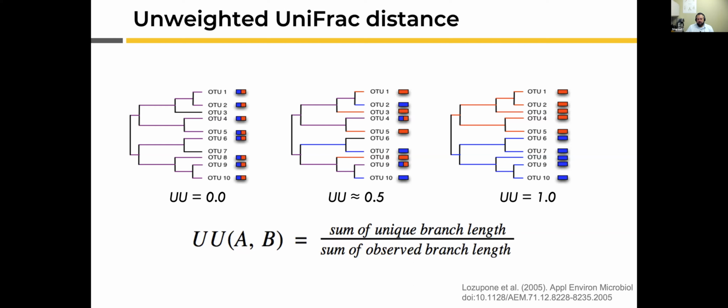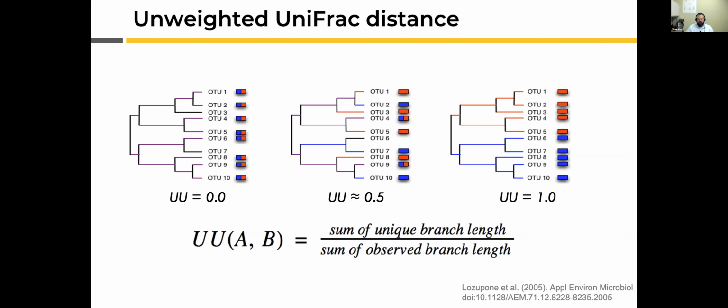So when you're dealing with shotgun data, as long as you have some method of creating a tree, for example, a single copy gene that you can align to get the tree, then you can do this sort of thing.